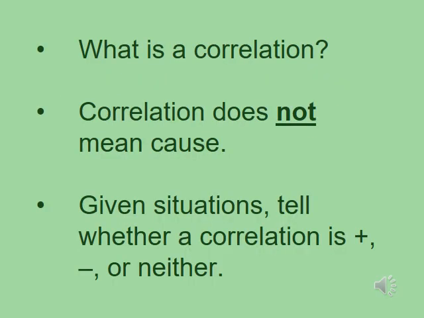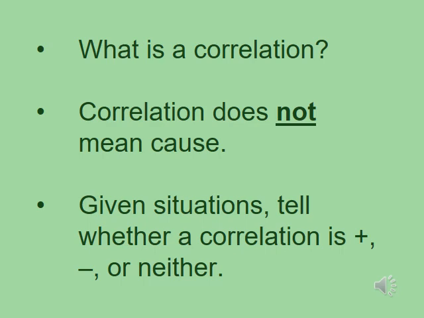You want to know that a correlation is just a relationship between 2 variables. You also want to know that if there is a correlation, it does not necessarily mean that the first one causes the second. It just means there's a relationship, but something else could be affecting both of them.